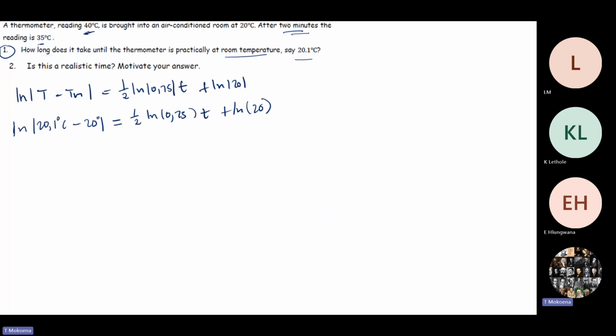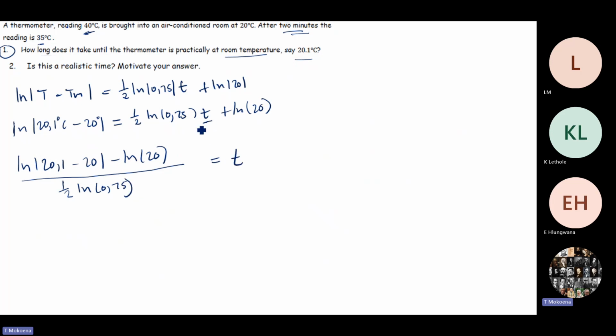So now what I'm going to do is, you can just do it like this. ln of 20.1 minus 20 minus ln of 20, and then divide by 1/2 ln of 0.75, so that on this side you are just left with this T over there. You get my point? So that you can just punch everything on your calculator.